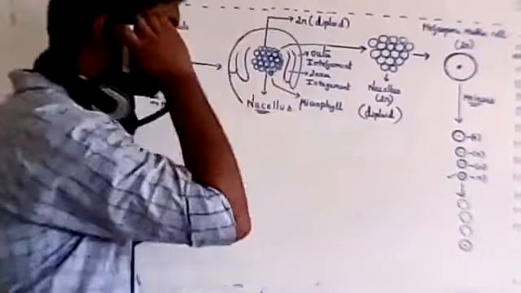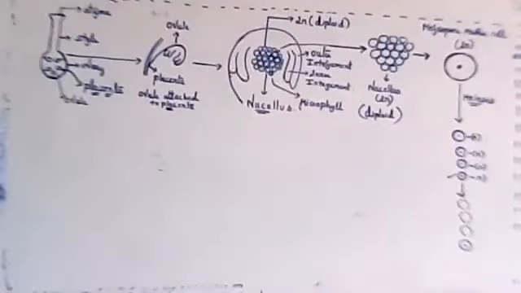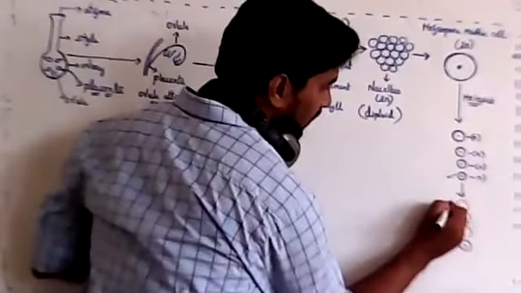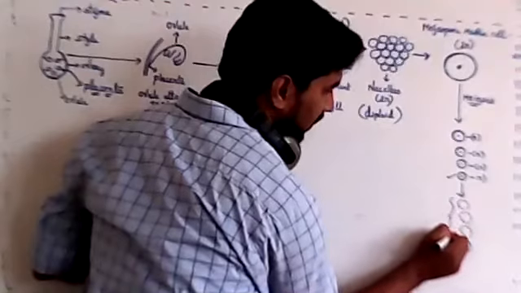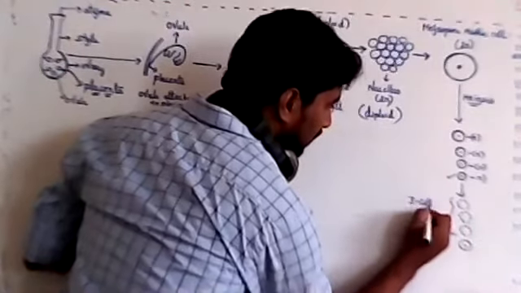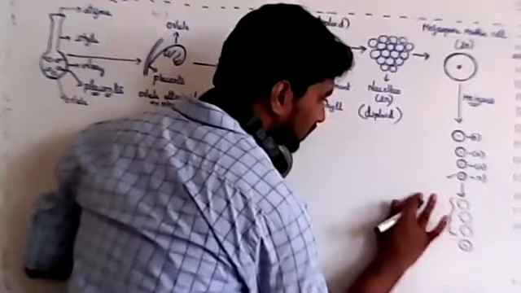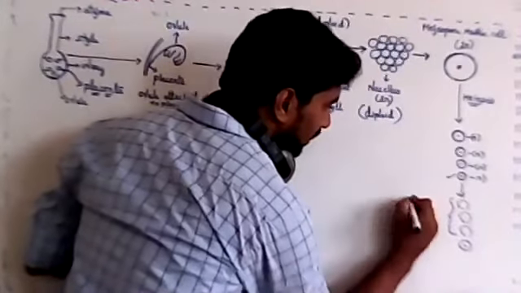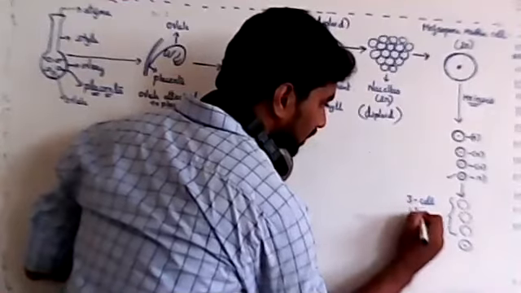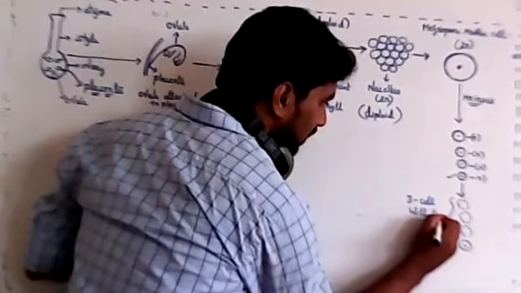So 3 cells will undergo disintegration, 3 cells will die, and only one cell will remain.